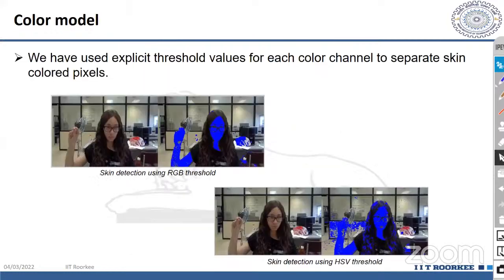So what are the problems you face? Suppose a person wants to communicate. This will be your region of interest. But in this case, our face, our hand and the background all look almost the same color, so segmentation is difficult. These are the challenges.